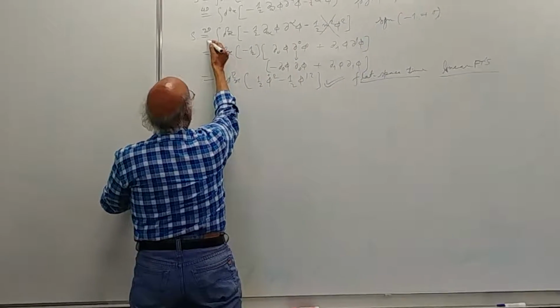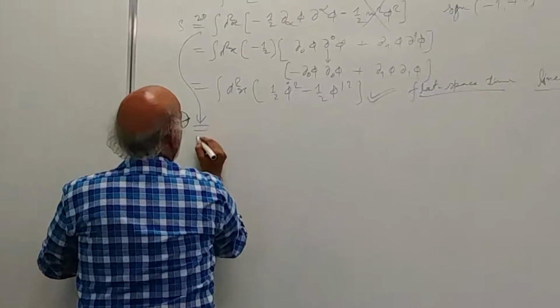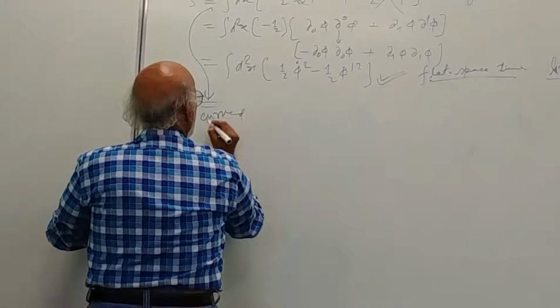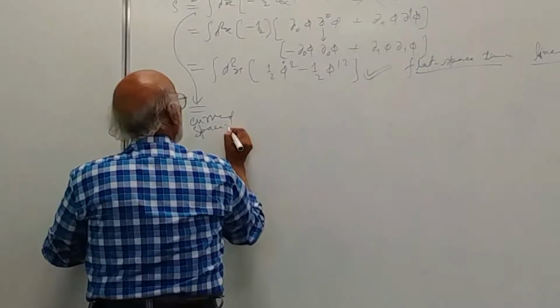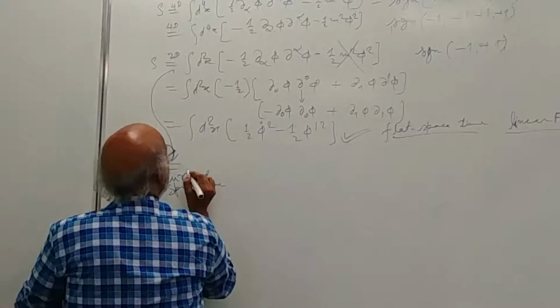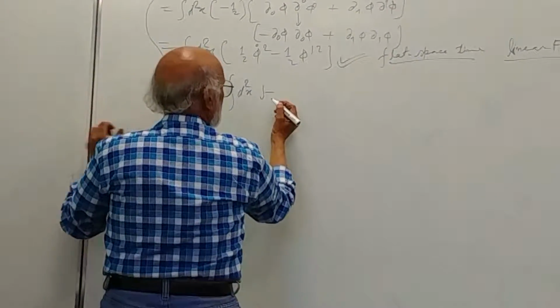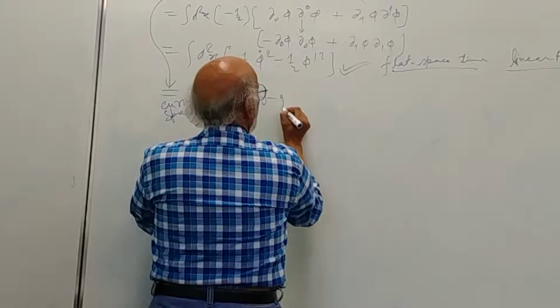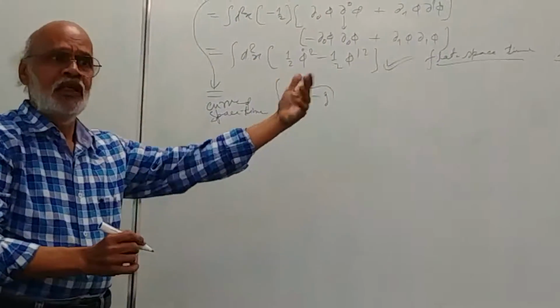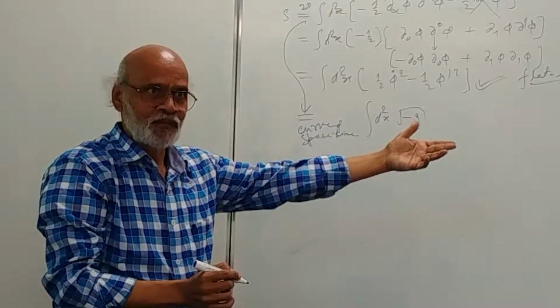So if I go to curved space time, then this would be d2x into square root of the minus g. G is the determinant of the metric tensor.